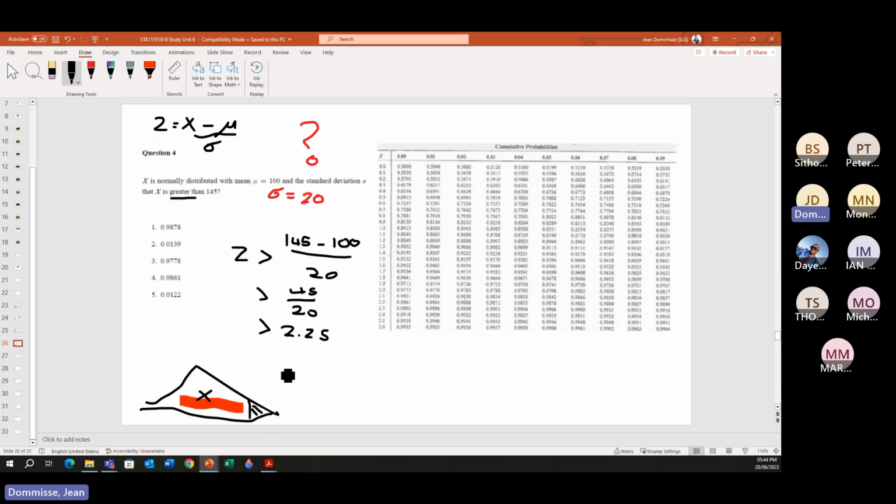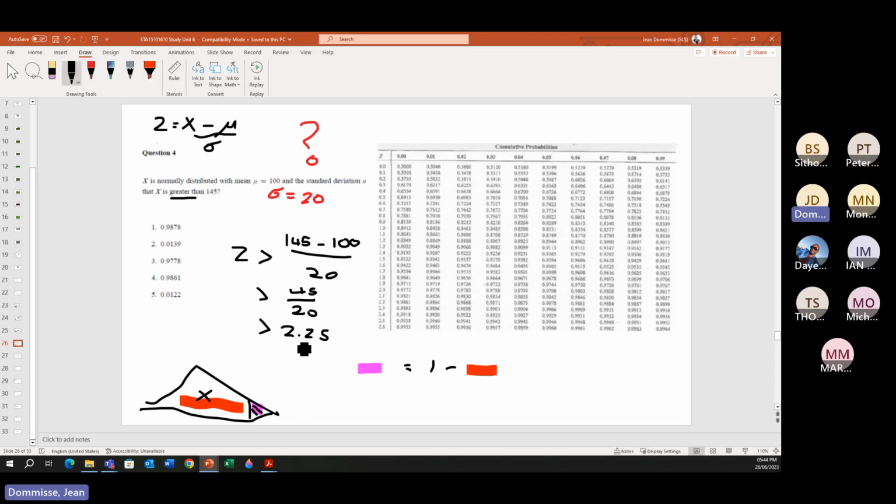To get that small area, let's make it another color. If I want the purple area, we need to remember some rules of probability and specifically normal distribution. The total probability below the curve is equal to 1. So to get that purple area, we can just say 1 minus the red part.